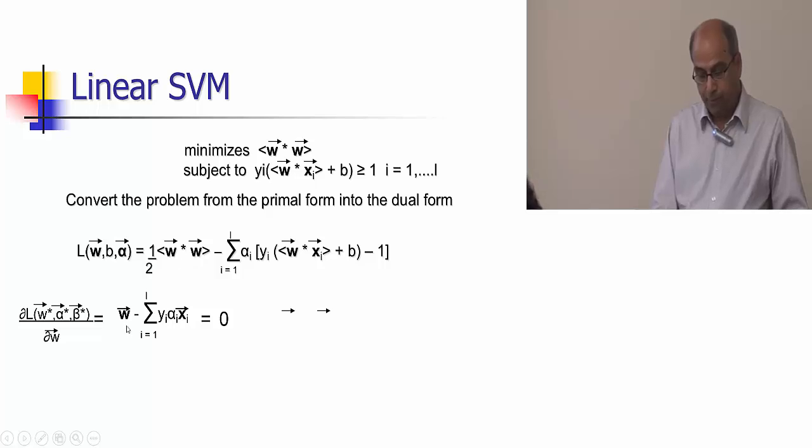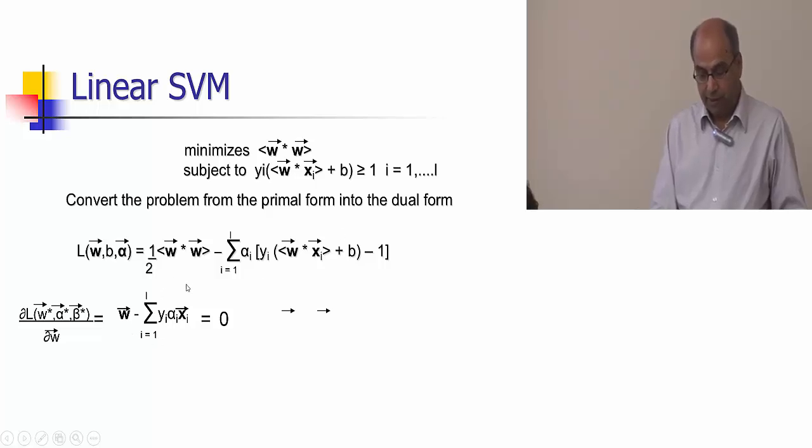And here w is in this term, so we'll get alpha i, yi, and the derivative of w with respect to w is 1, and then xi. And this one doesn't have w, this one is 0. So the derivative of this with respect to w is this thing, which is very easy.